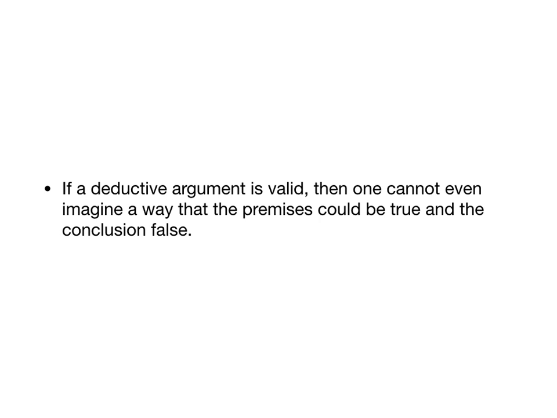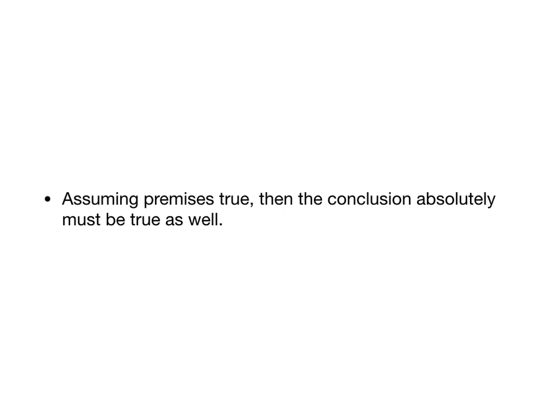If you assume the premises are true, it's impossible to deny the conclusion if the argument is valid. You cannot even imagine a way that the premises could be true and the conclusion false.